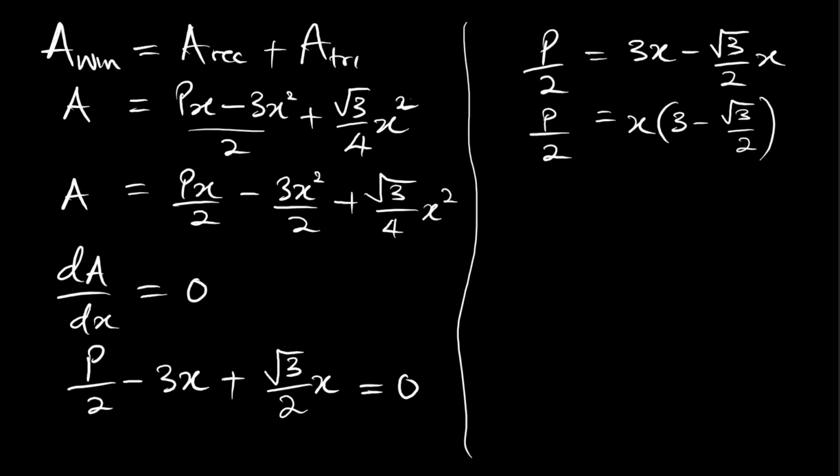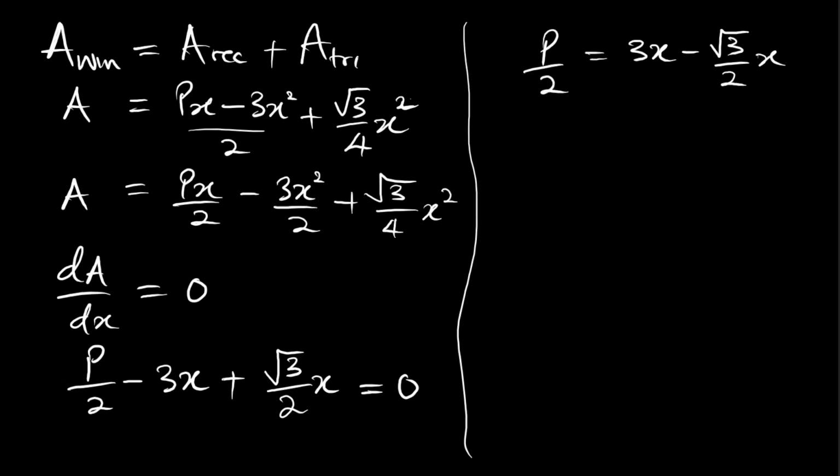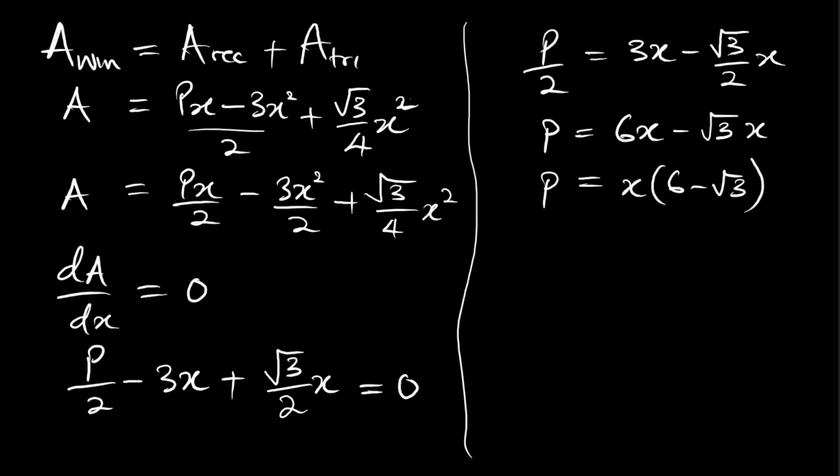Or another way to do this is to multiply through by 2. If I multiply through by 2, I'm going to have p is equal to 6x minus root 3 x. And when I factorize x out of this, I'm going to have x times (6 minus root 3). Now, I can make x the subject of the formula by dividing both sides by 6 minus root 3 to give us p over 6 minus root 3.